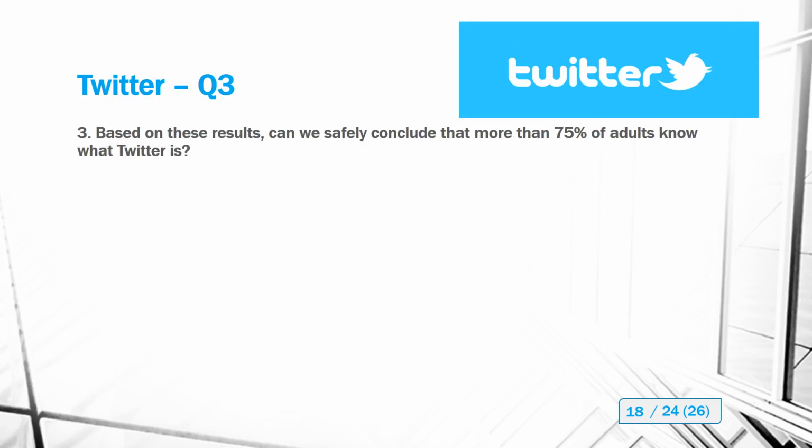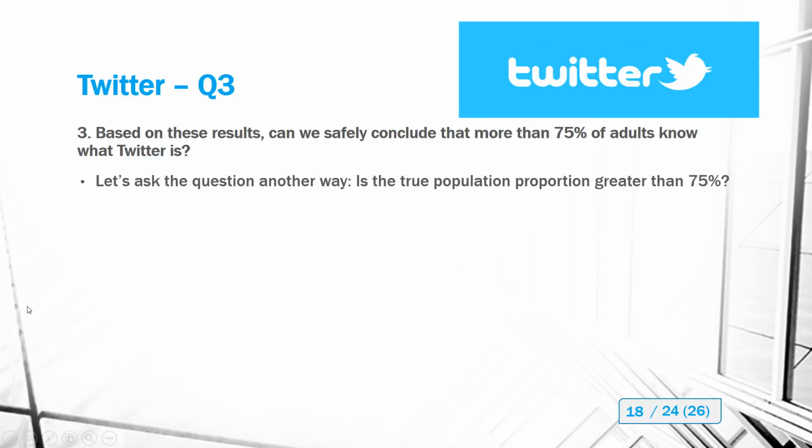Question 3. Based on these results, can we safely conclude that more than 75% of adults know what Twitter is? Well, what we're really asking here is this question. Is the true population proportion greater than 75%?